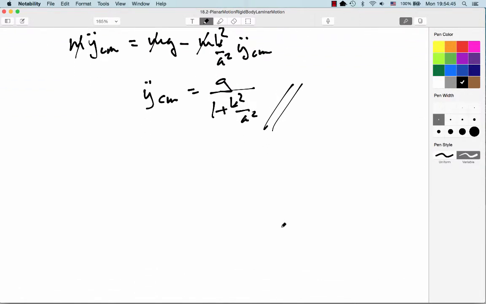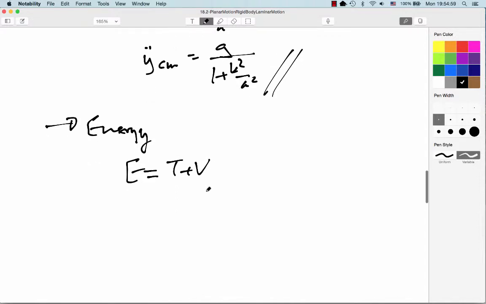Let's go take a look at this from an energy perspective. So from energy, we still require that the total mechanical energy be a constant.